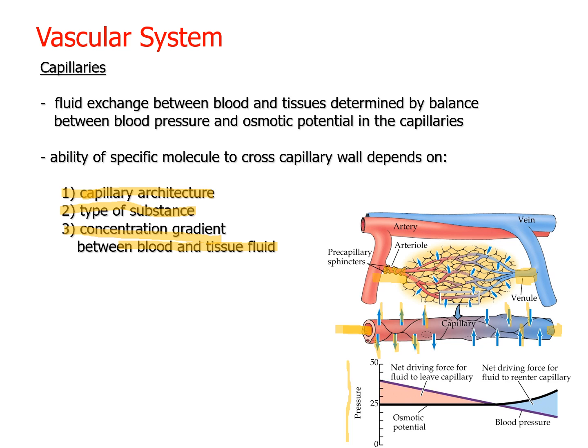You can see that osmotic potential is actually rising as you progress through the capillary. That's because water is moving out, and larger molecules that have osmotic potential and have the ability to pull water into the capillary are becoming more concentrated because of the water going out, and so the osmotic potential rises and water gets pulled back in.